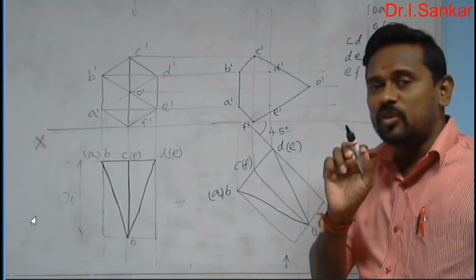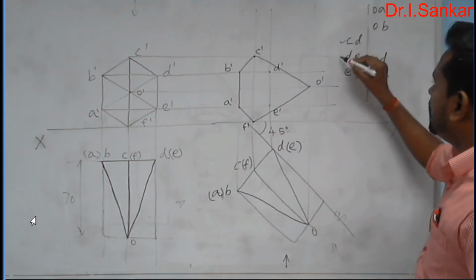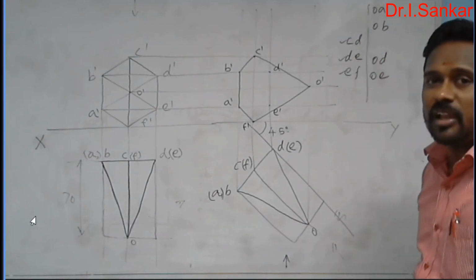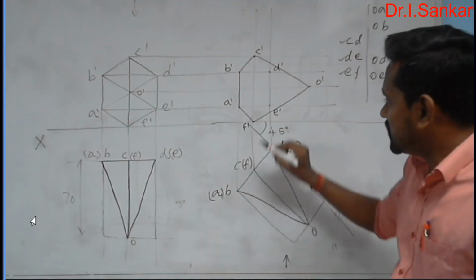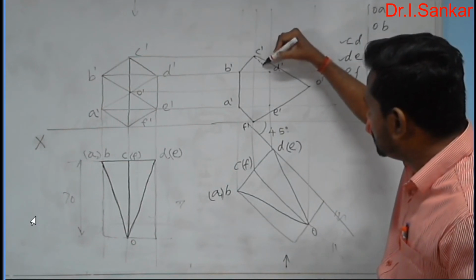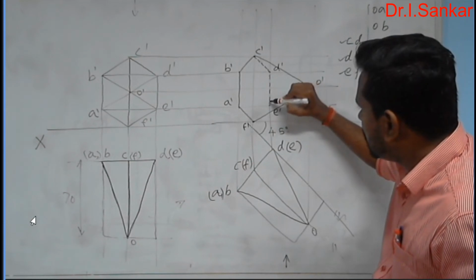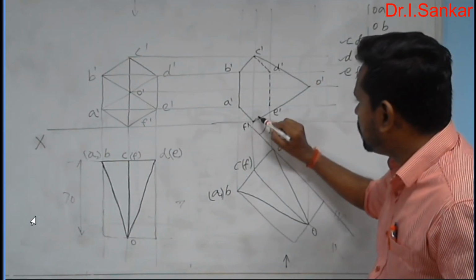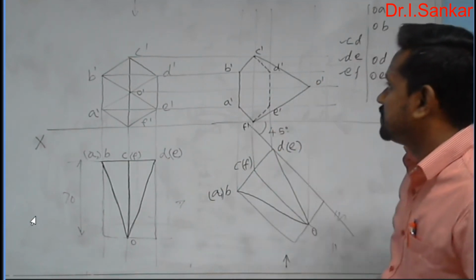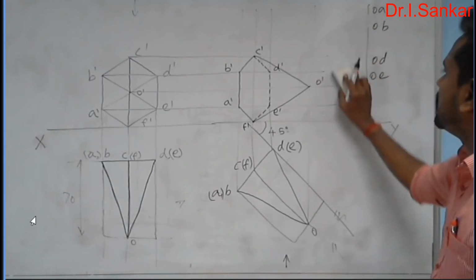There you need to connect as invisible edges. Similarly, CD, DE, EF need to be connected as invisible edges. See, let me connect C dash, D dash as invisible edge, D dash, E dash as invisible edge, and E dash, F dash also as invisible edge. I connected all of them by following the third rule.